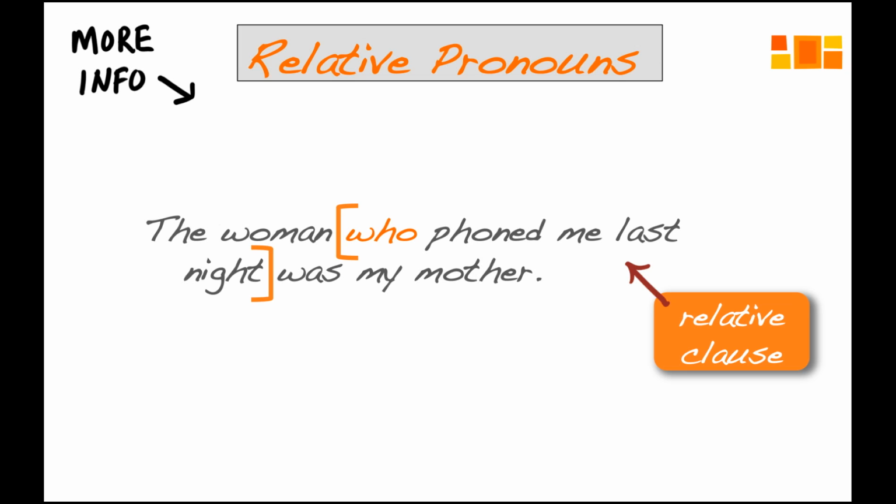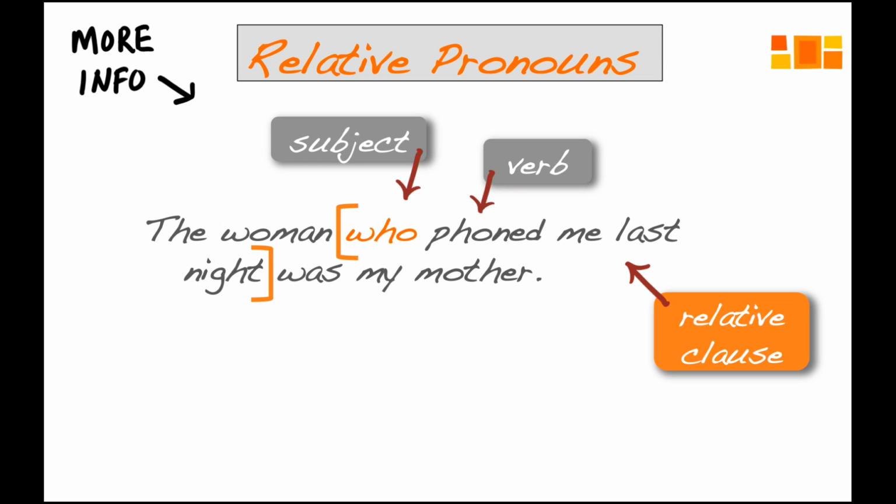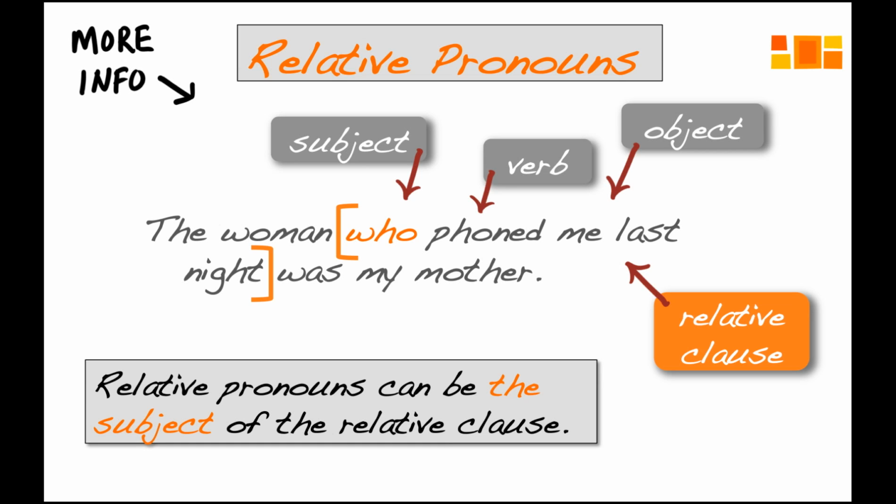Who phoned me last night is my relative clause, my subordinate clause. Phoned is the verb, obviously, which makes who the subject, because it's who phoned, subject, verb. That me back here is the object of my relative clause. So please remember, relative pronouns here, who, can be the subject of the relative clause.